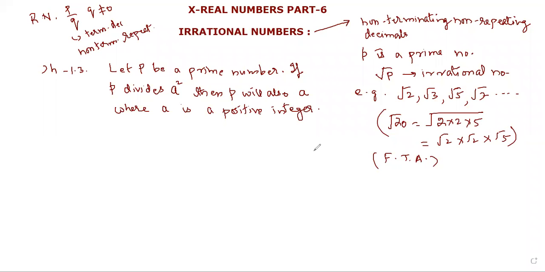So listen carefully to this proof. Maybe this is not a purely mathematical proof. We are going to prove that any one of root 2, root 3, root 5 is an irrational number.